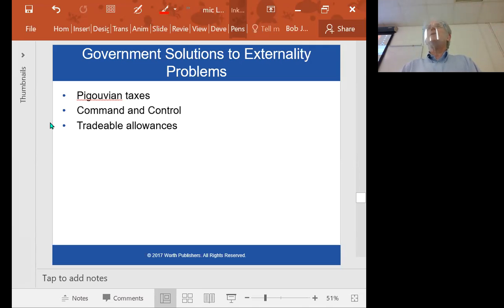And that means that consumers will value buying appliances that don't use as much electricity. So by imposing the tax on electricity, you're creating the right incentives for people to purchase appliances that use less electricity.